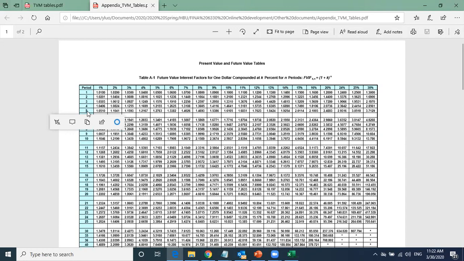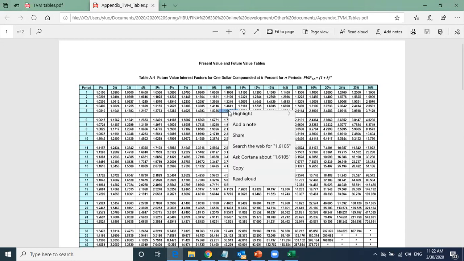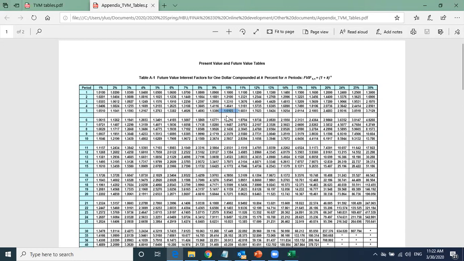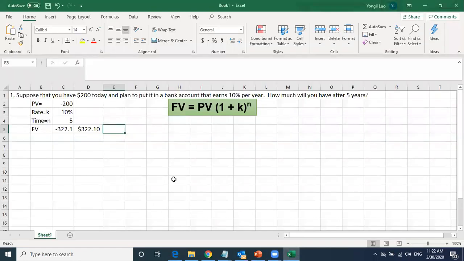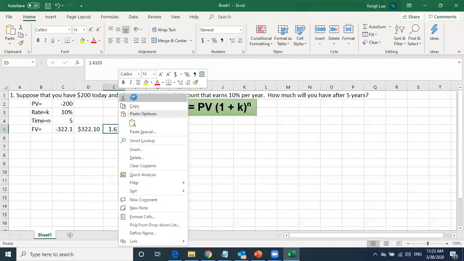Look at the cross point of 5 years and 10%. It's a little bit small, but I think you can see it: 1.6105. This is the number you get. We call this the factor, or time value of money factor.